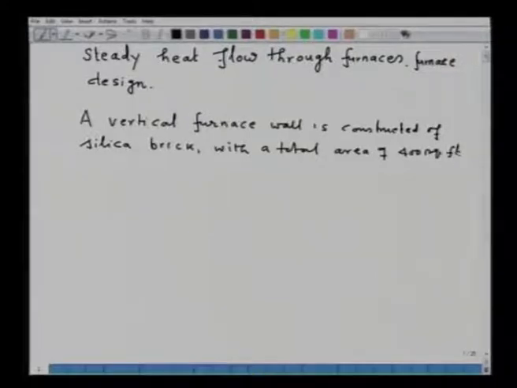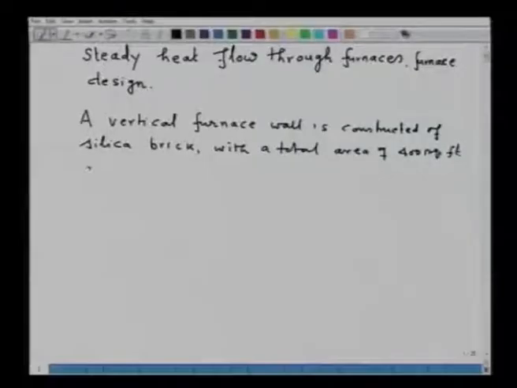I have purposely used the FPS system just to illustrate the various dimensions and units, and a thickness of 15 inch.